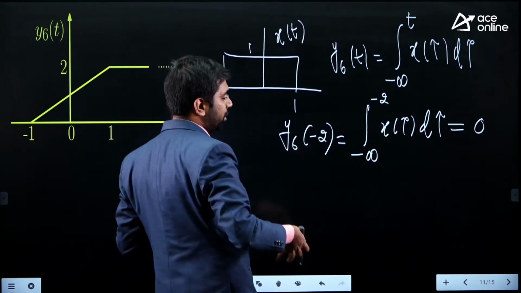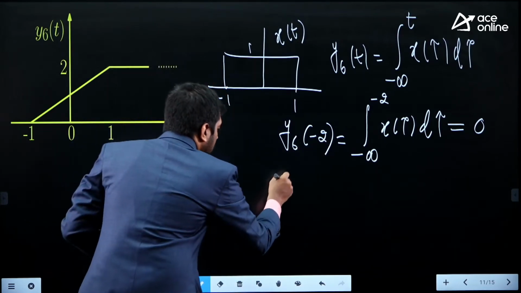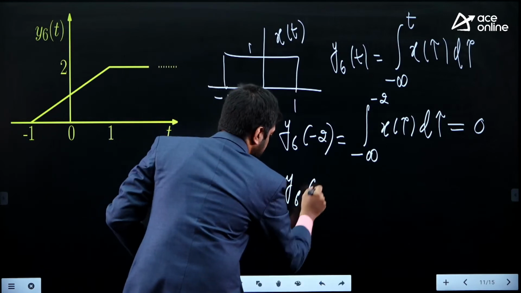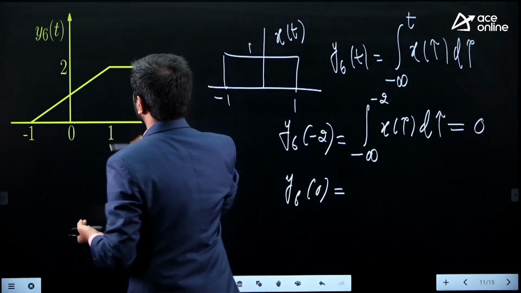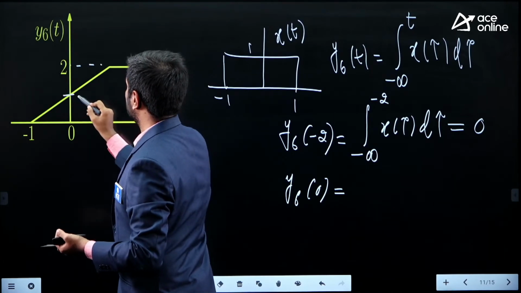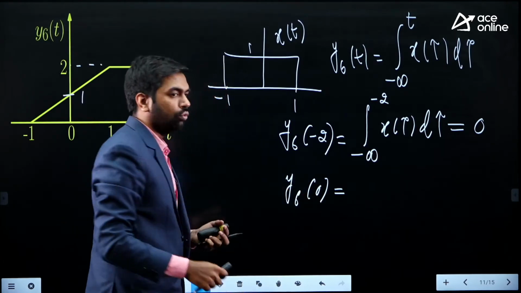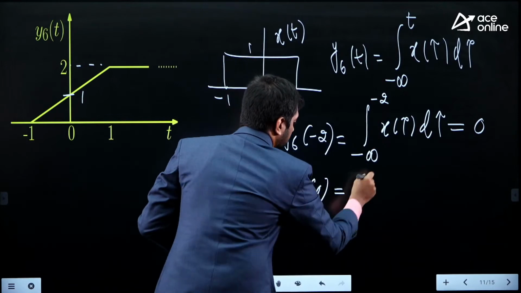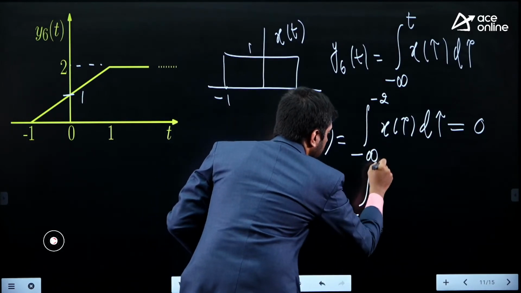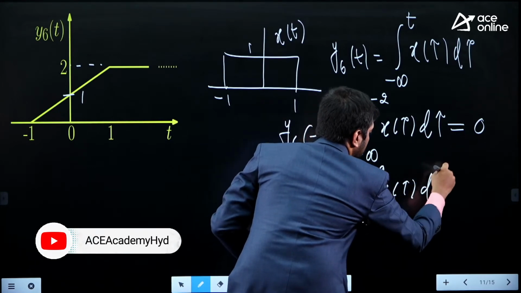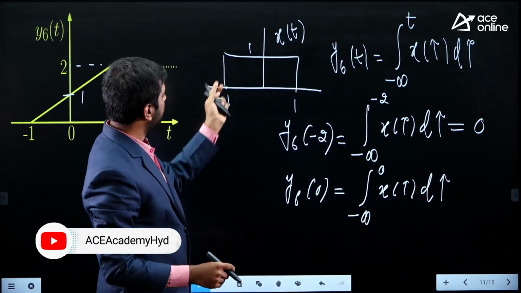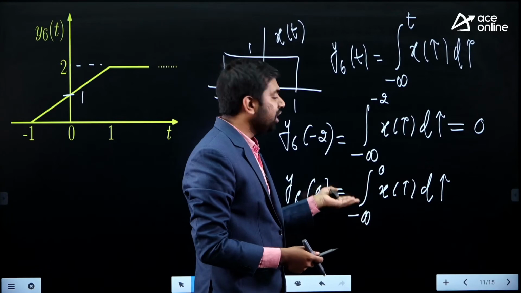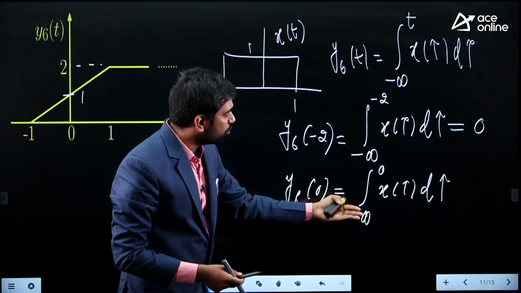I have to verify a few more points, then only the confidence comes. So let me verify at maybe 0. Before I verify, this level is 2, so this is like 1. I already know that y6 of 0 is 1. I just want to do the verification. According to this relation, y6 of 0 is the integral from minus infinity to 0 of x of tau d tau. Now this waveform is from minus 1 to 1 only, so there is no meaning in integrating from minus infinity. Let's change the limits to minus 1 to 0.